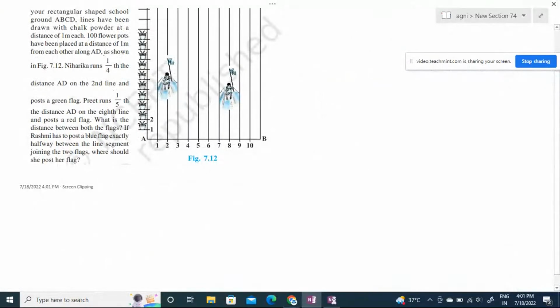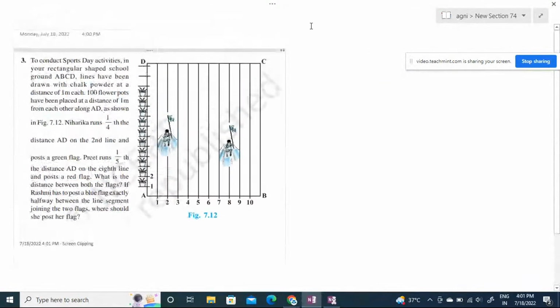Now, what is the question here? To conduct a sports day activity in your rectangle-shaped school ground ABCD, lines have been drawn with chalk powder at a distance of 1 meter each. 100 flower pots have been placed at a distance of 1 meter from each other.